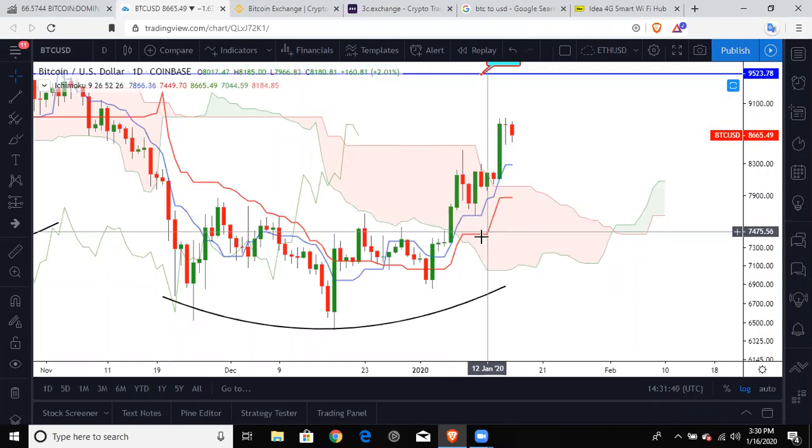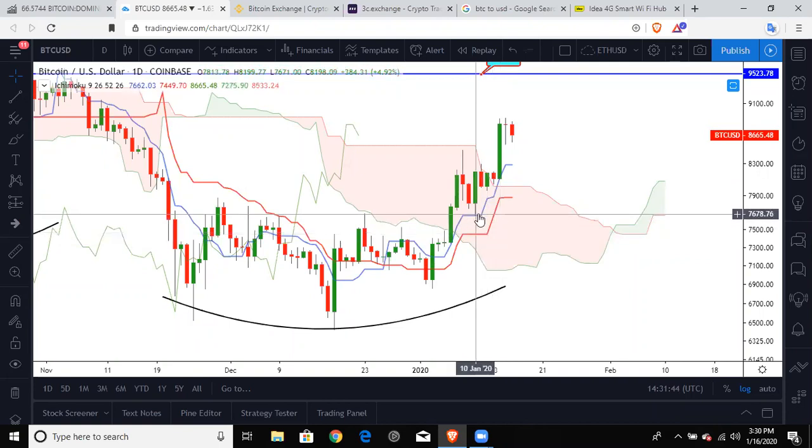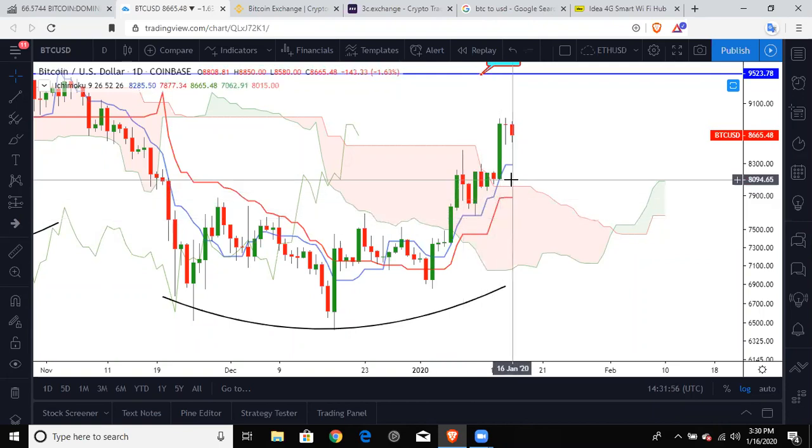Whenever you see this red EMA, this is called the Kijun, and this is called the Tenkan, which served as support around here for price. Whenever you see both of them turning up, it's called the bullish angulation to the upside.